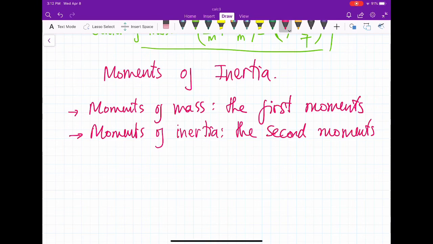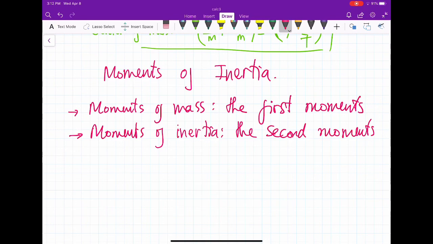The moments of mass are sometimes called the first moments. At the same time, we still have the moments of inertia, which are called the second moments. The moment of inertia about a straight line is a measure of the tendency of matter to resist a change in rotational motion.